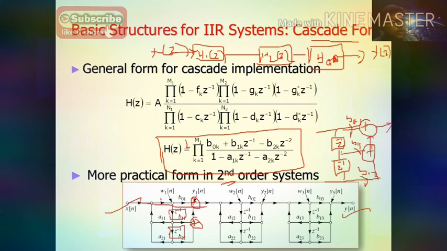So the denominator portion, here it consists of delay elements. So I take the pick-up node from here and also here. So now in this portion it represents minus a11. So now it becomes plus a11. Here minus a21. So I put here plus a21. So change the sign. Okay.